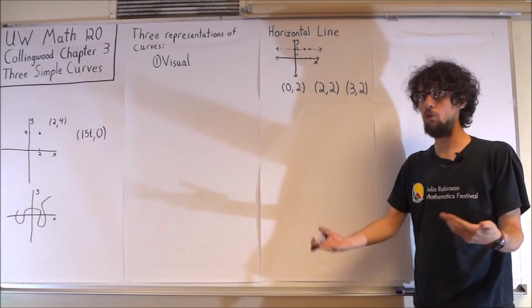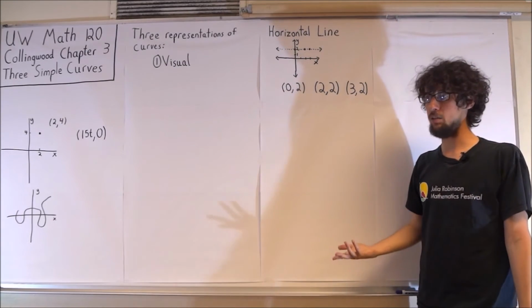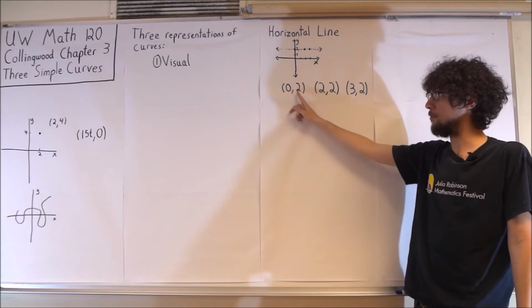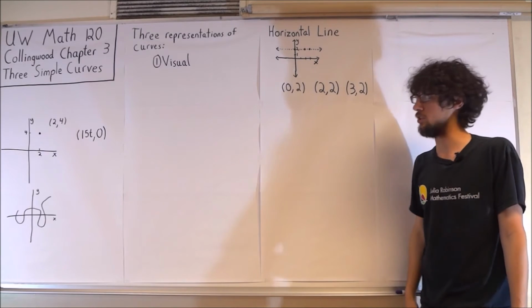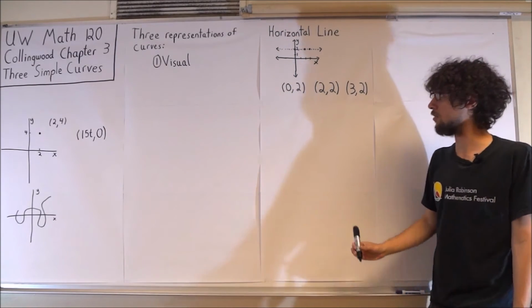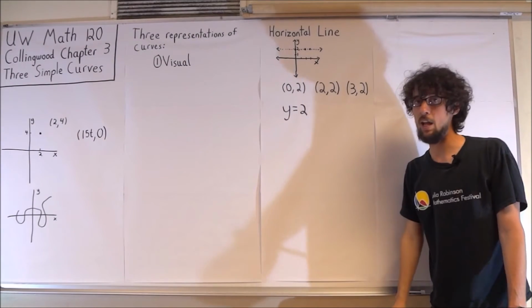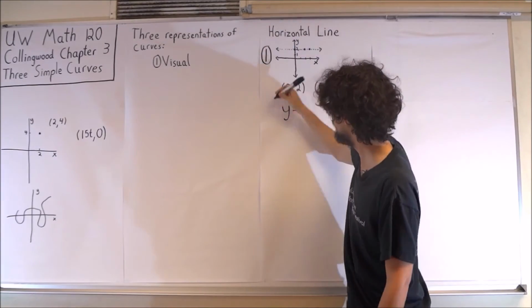In particular, I'll write down an equation in terms of x and y that when I plug in this number and this number, I will get a true equation. Here, it's particularly easy to write it down. And we have our second representation of this line.